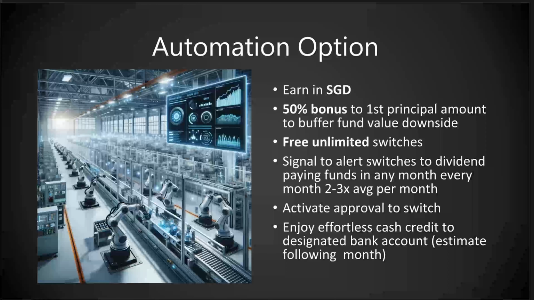Before we take our cash dividend, we would receive a notification. Okay, now this is an SG regulated product on an SG regulated platform. All right, so meaning that we will be alerted before we do the switching. That means we have to go and activate and approve that we want to switch.